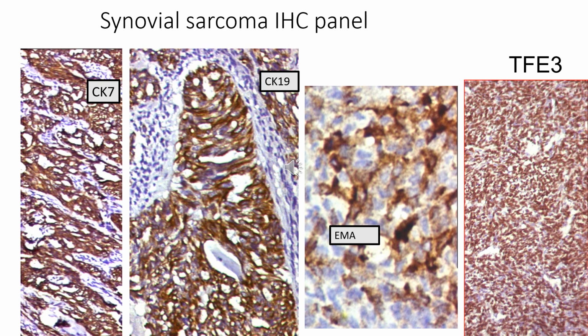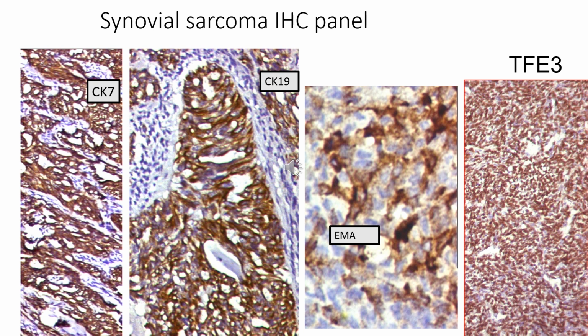But yes, soft tissue sarcomas, which are actually not epithelial tumors, can also show epithelial markers, and this can be used to our advantage to make a diagnosis. And this is epithelial membrane antigen, which is also seen to some extent in synovial sarcoma.